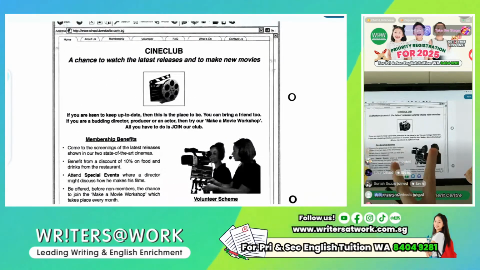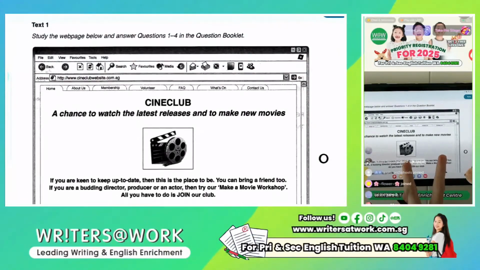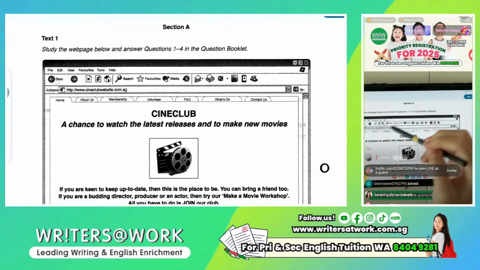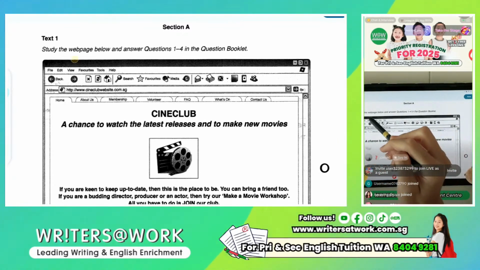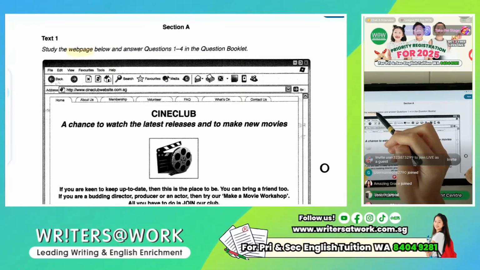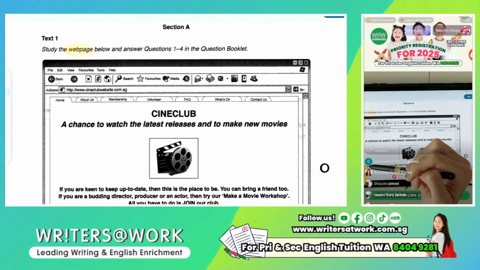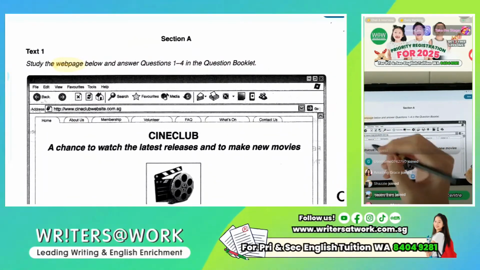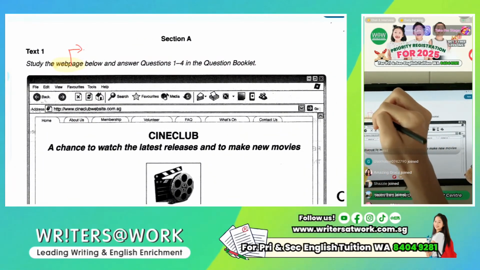The visual text that we are looking at is on this web page. And like what I've always emphasized, the synopsis will give you a lot of useful information, or rather, it prepares you for what to expect. So over here, they tell you there is a web page. From this starting synopsis, you really can have a rough idea who your target audience will be.